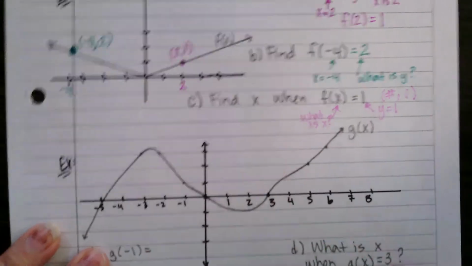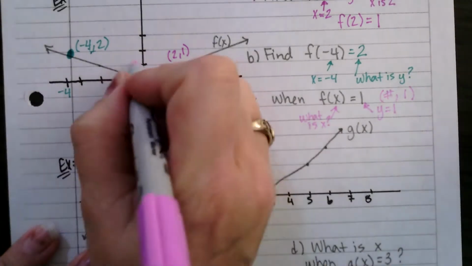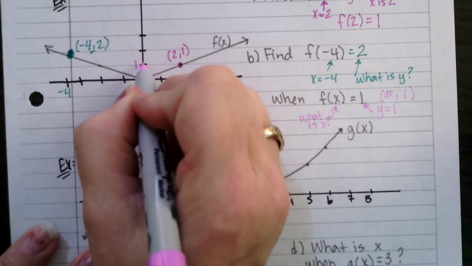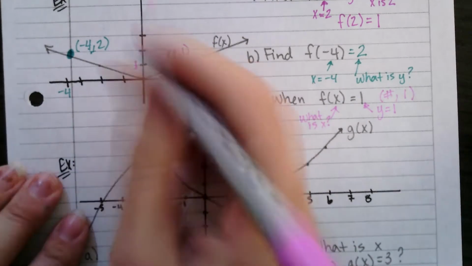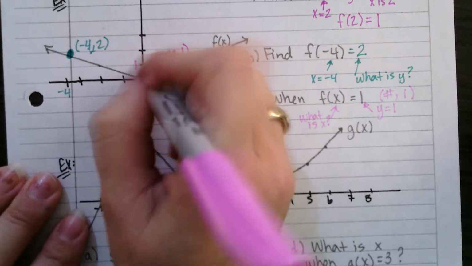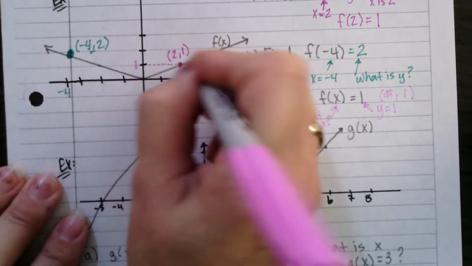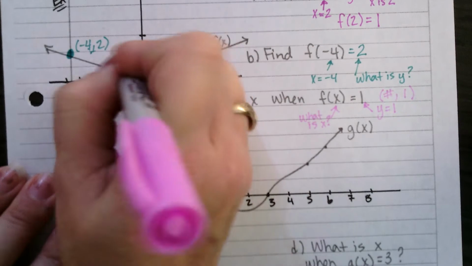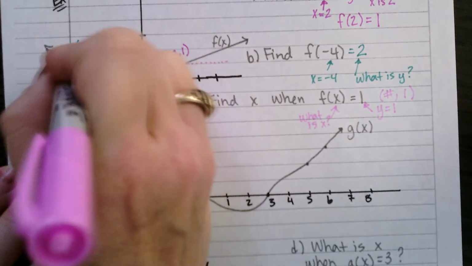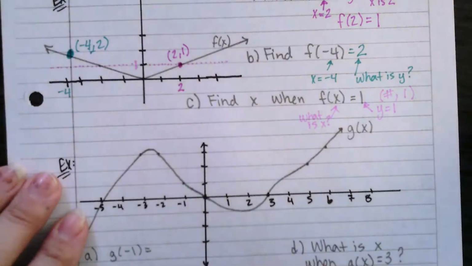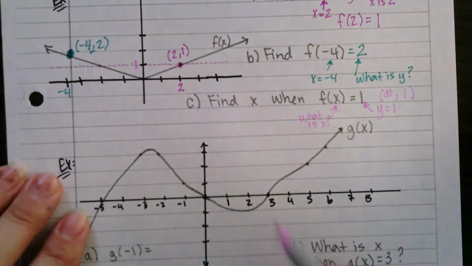So we're going to find the y value of 1 on our graph. That's here when y is 1. And I want to find all the ordered pairs that are 1 unit high. So the easiest thing to do is to draw a horizontal line on your graph like that and see what ordered pairs connect with our graph.